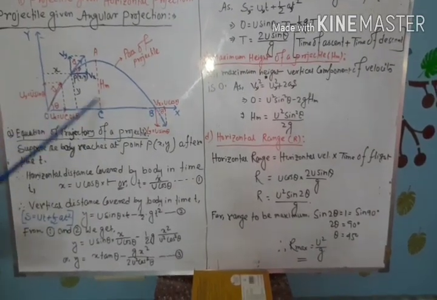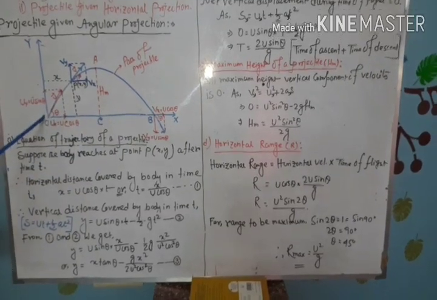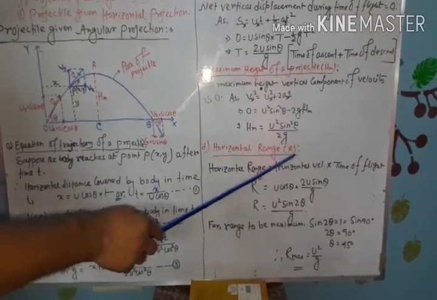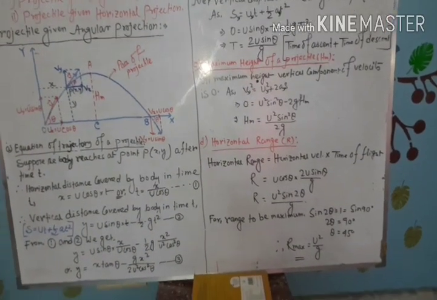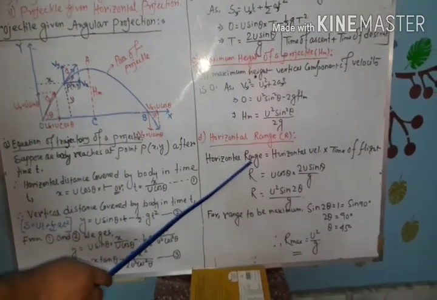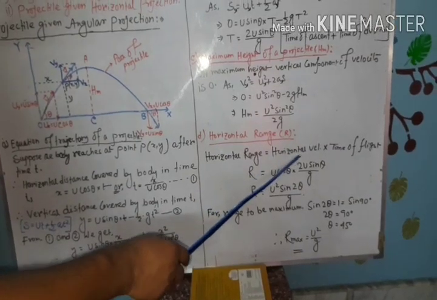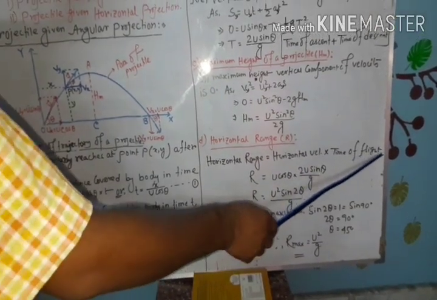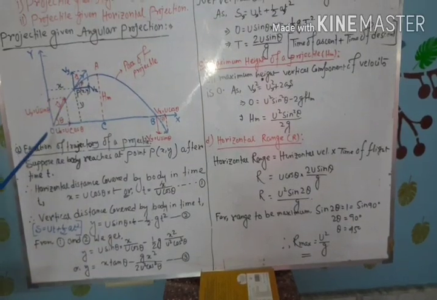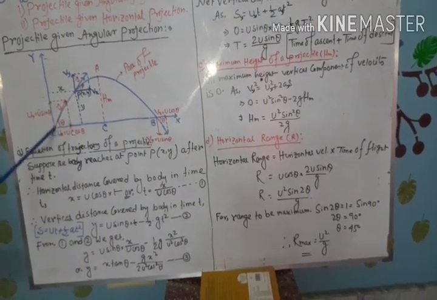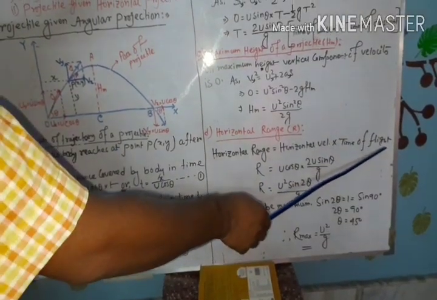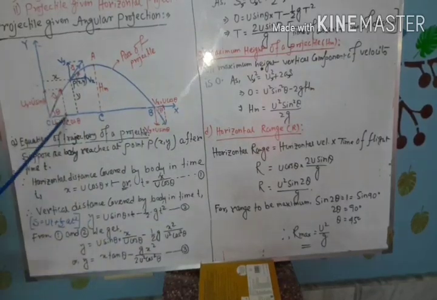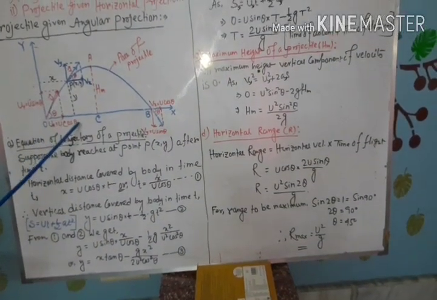So therefore OB is our horizontal range, which is denoted by R. To determine the horizontal range, we use the concept: horizontal range equals horizontal velocity into the time of flight, because to go from O to B, time taken is time of flight, and we already know that along the horizontal direction the velocity always remains constant, that is u cos theta.